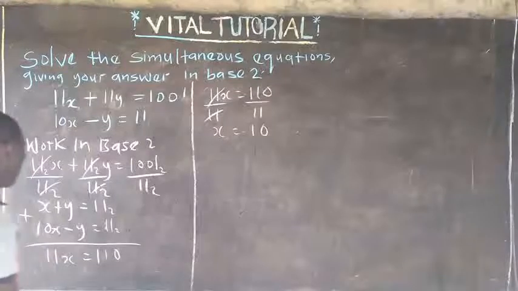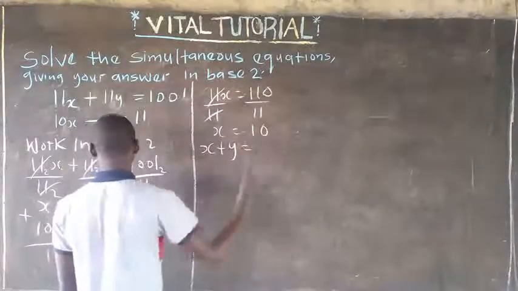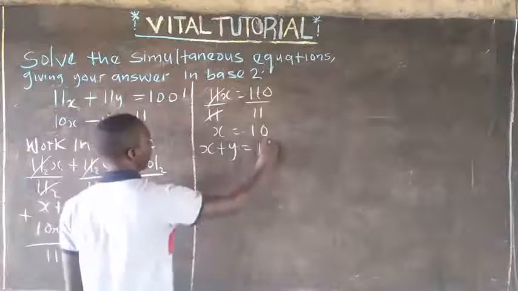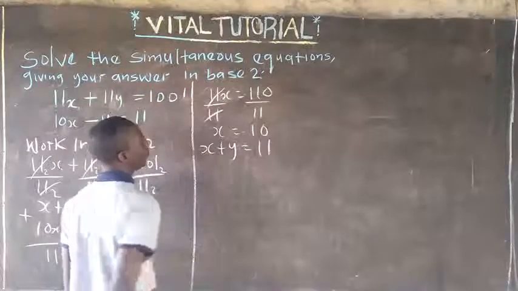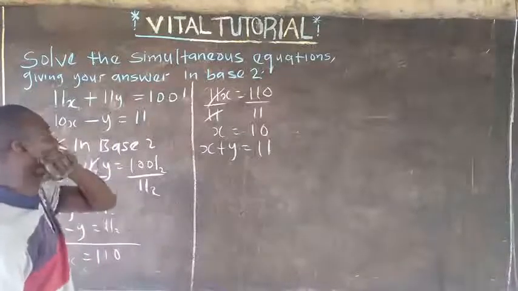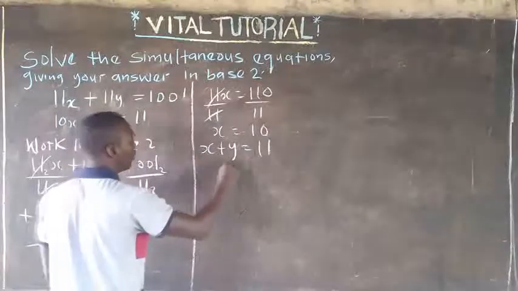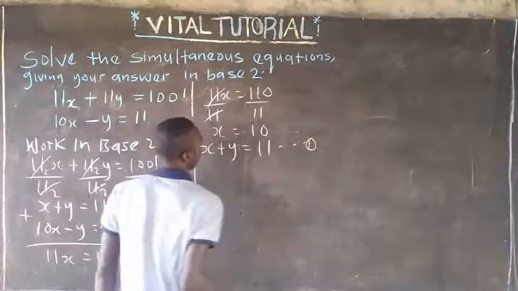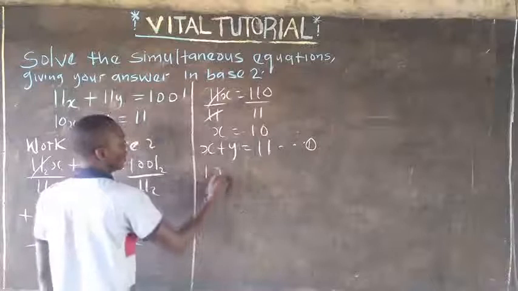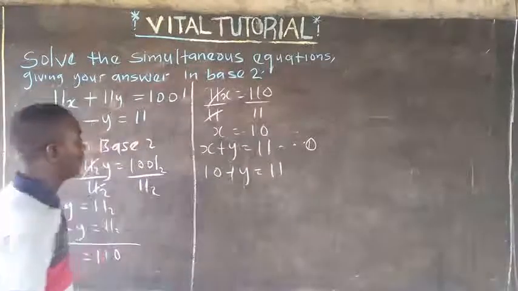Now let's go. From equation 1, s plus y equals 11 in base 2. So I'll substitute 10 for s in equation 1. So this is 10 plus y equals 11.